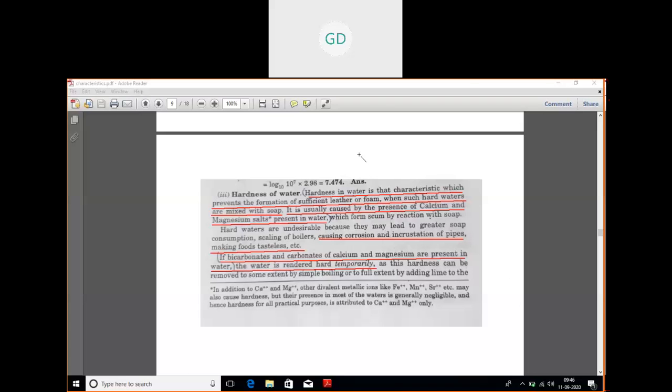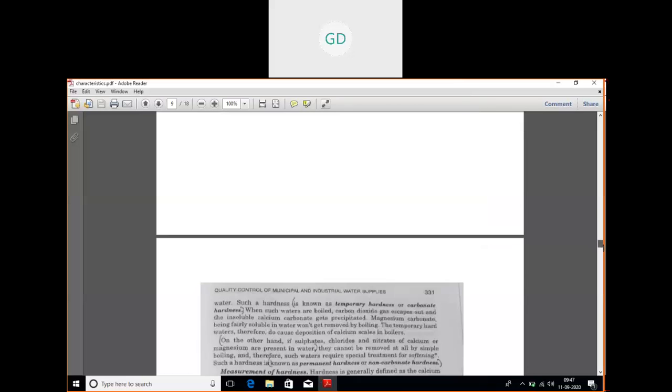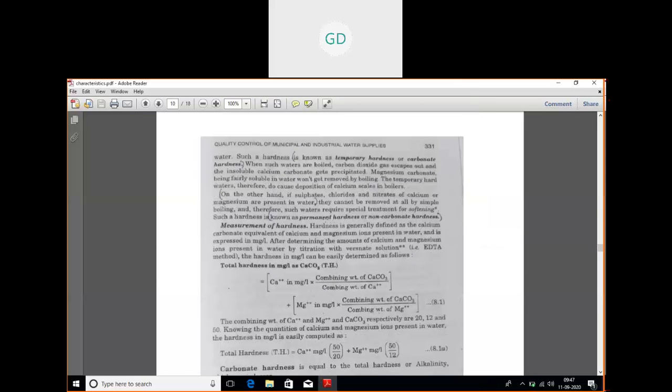Next, let us see what is permanent hardness. See here, on the other hand, if sulfates, chlorides, and nitrates of calcium or magnesium are present in water, it is known as permanent or non-carbonate hardness.